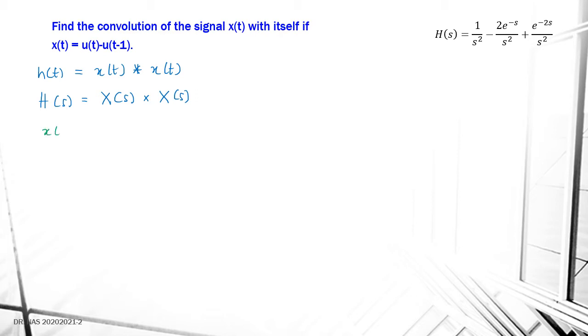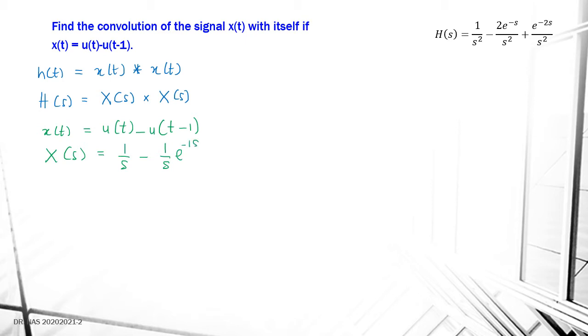So you have the x(t) equation, so you can get X(s). x(t) is equal to u(t) minus u(t minus 1). By referring to the table, your X(s) is, when you have u(t), the Laplace transform 1 over s, minus again 1 over s, and for the time shifting you'll have e to the minus 1s.